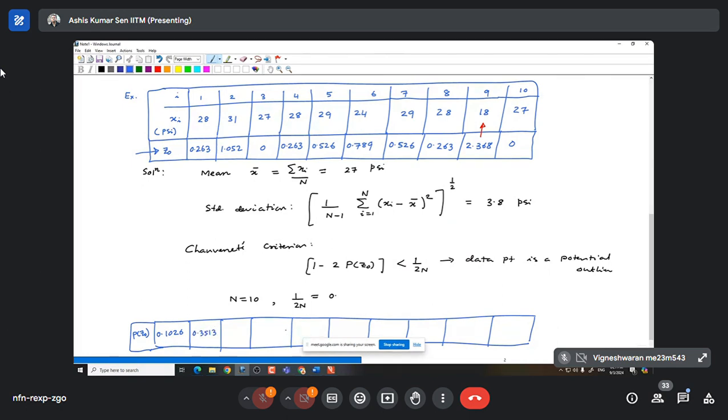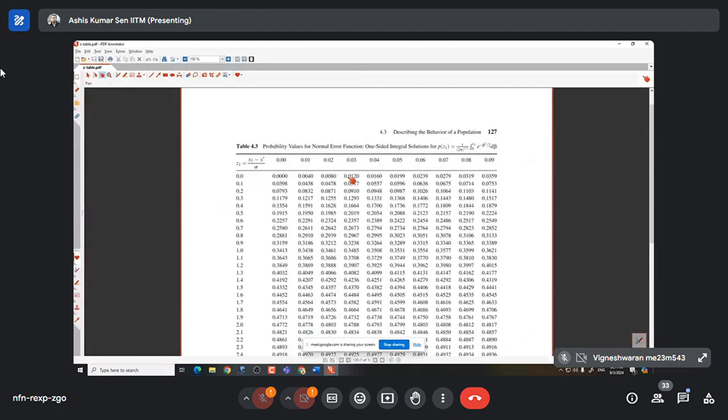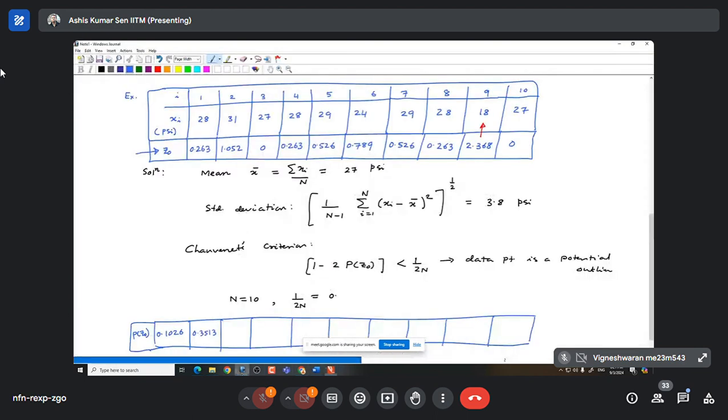So you can note down for all the values. For 0, it is basically 0, right? And for 0.263, you already know 0.1026.